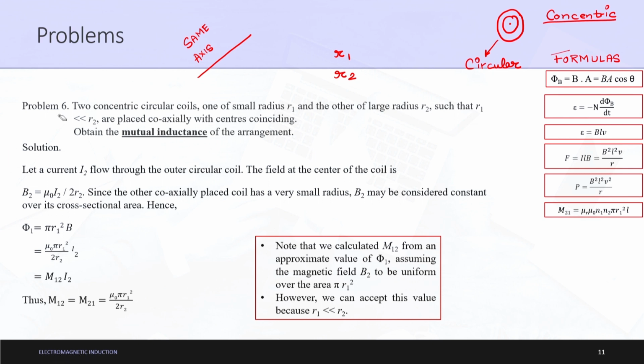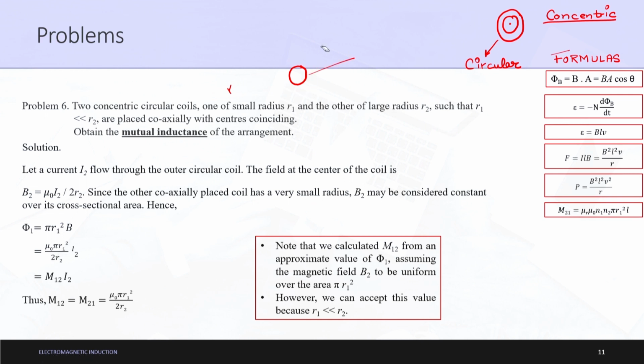So let a current I2 flow through the outer circular coil. If I iterate the concept again, let this be the bigger coil with radius R2, and let this be the smaller coil.